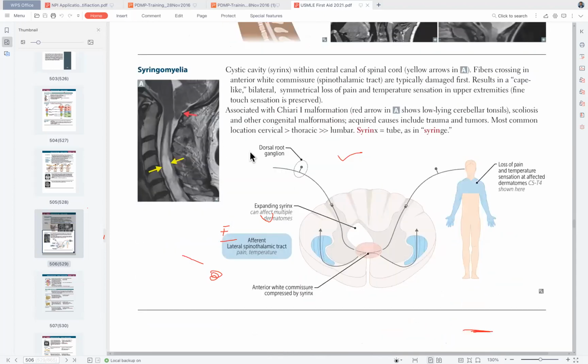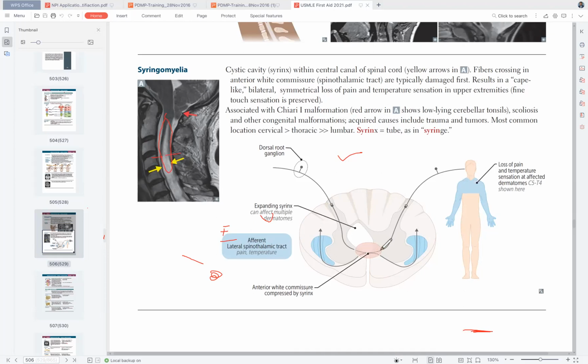Now, syringomyelia. This topic is kind of rare, and a lot of books don't talk about it, but it's important to know it. So just as I was explaining, you have the syrinx, which is like a larger central canal over here, and that central large hole is putting pressure on the whole spinal cord at that level, at the cervical level.